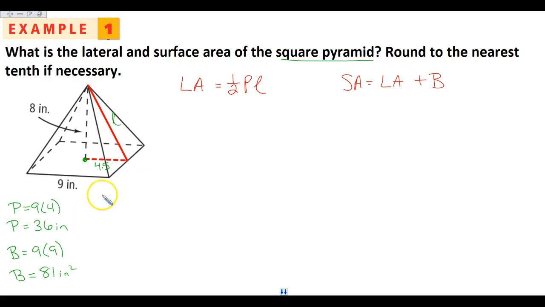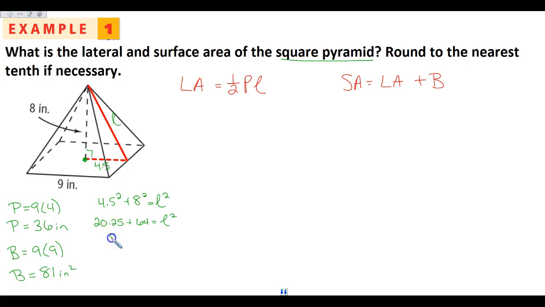Okay, so I'm going to do my Pythagorean theorem because this forms a right angle. So I'm going to do 4.5 squared plus 8 squared is equal to my slant height squared. So 4.5 squared is 20.25. 8 squared is 64. That's going to equal L squared.